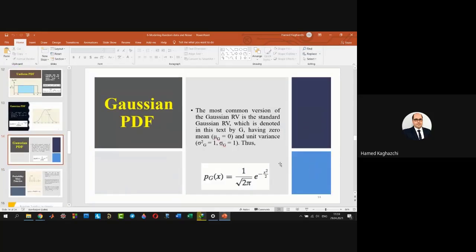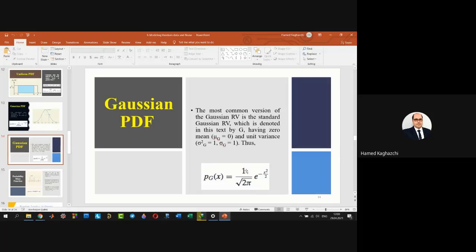Okay, if I suppose that the mean value of random variable g, I call the random variable here g, is equal to 0, and the variance of these variables is equal to 1, so the standard deviation will be equal to 1. In this case, I can define the standard Gaussian PDF like that.